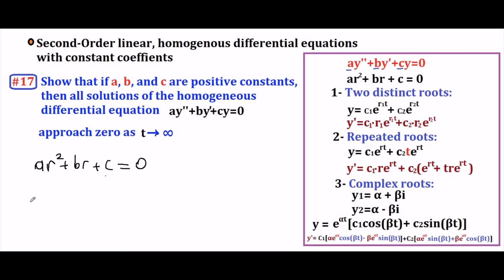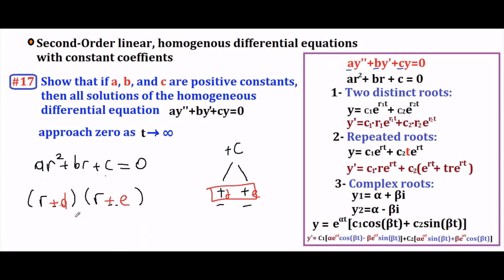We know that when we factor this quadratic function, we need (r plus something) and (r plus something). Because our c term is positive, we need two numbers that multiply to c, so we have the options positive, positive, or negative, negative. But this pair also has to add up to the b term. Our b term is also positive, so only two positive numbers add up to a positive b. So we have r plus some positive value and r plus some positive value.